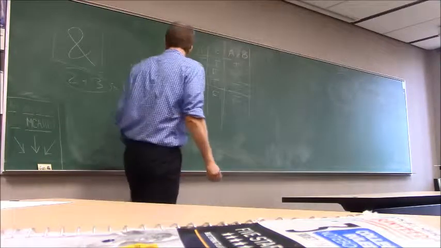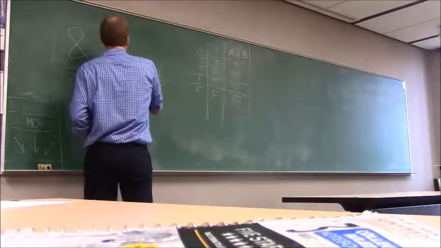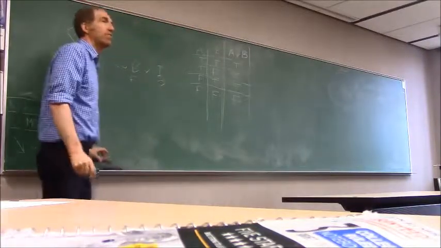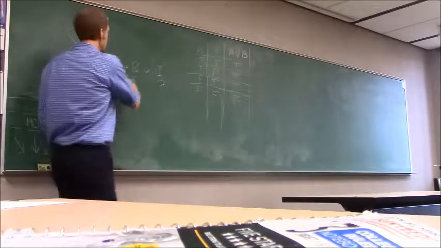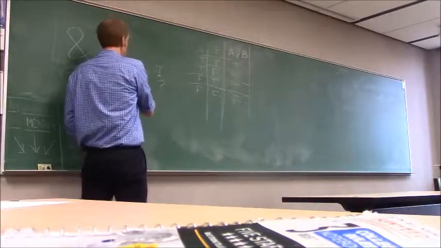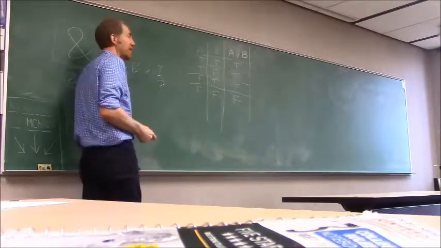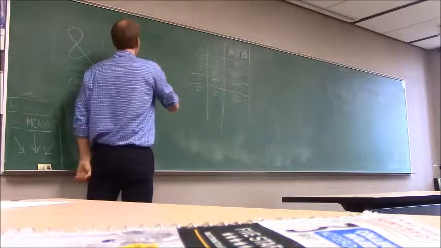So what is the truth value of baseball is not played underwater, or there's intelligent life in the universe? The whole thing is true, because if B is false, what is not B? True. So we have true or something, and that is going to be true. Why?